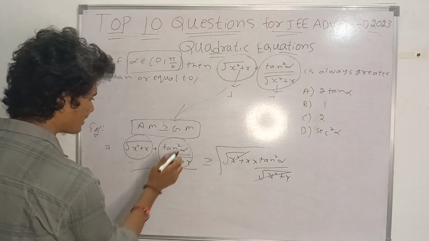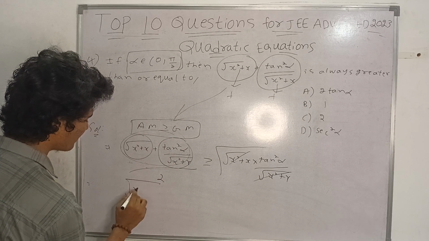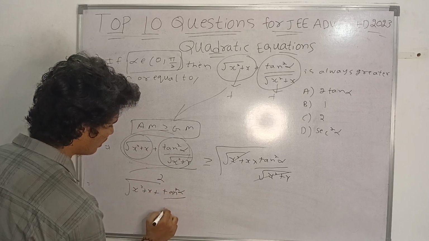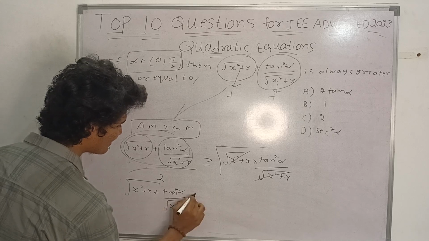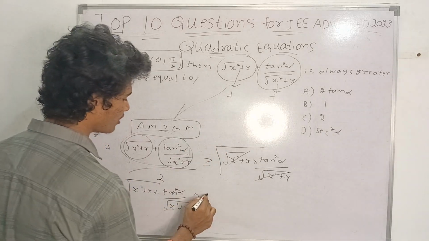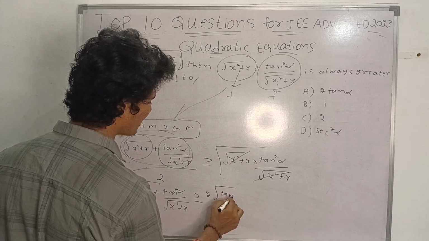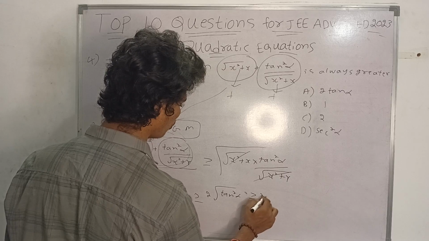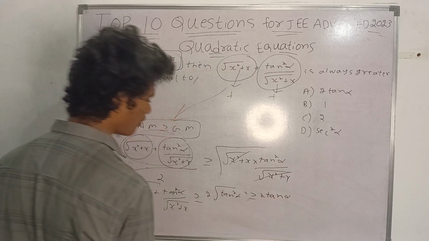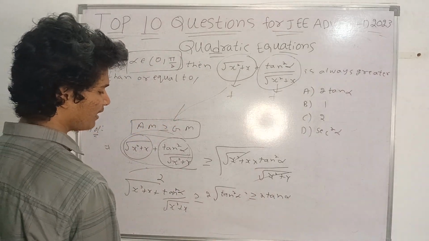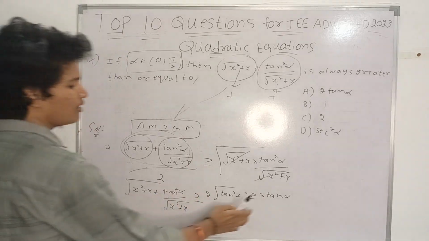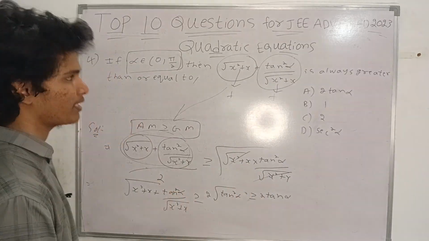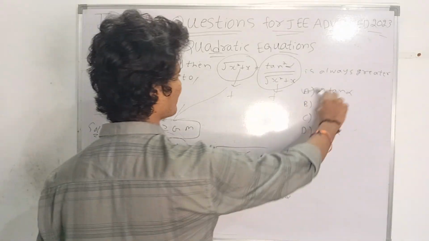So the LHS part, root of x square plus x plus tan square alpha divided by root of x square plus x, is greater than or equal to, shifting to the right side, 2 root tan square alpha. We simply got 2 tan alpha, because the root of tan square alpha is tan alpha. It is clear. So this thing is always greater than or equal to 2 tan alpha. What they are asking, this thing is always greater than or equal to what? We got 2 tan alpha. So the answer is A.